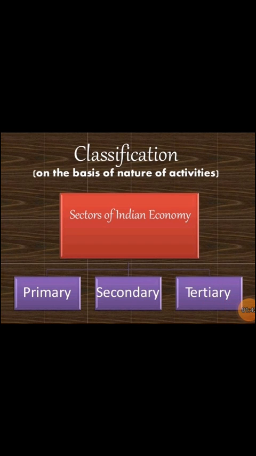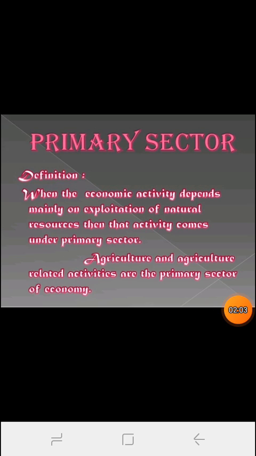In this slide, I have made a flow chart for the classification on the basis of nature of activities. The main heading in this chart will be the sectors of Indian economy, and the primary, secondary and tertiary will be the subheadings. Let's first discuss the primary sector.